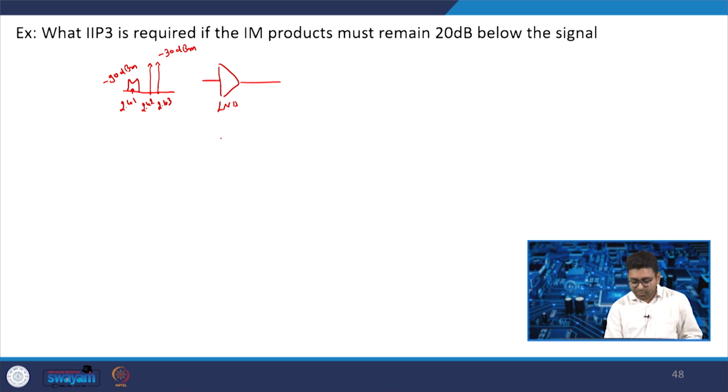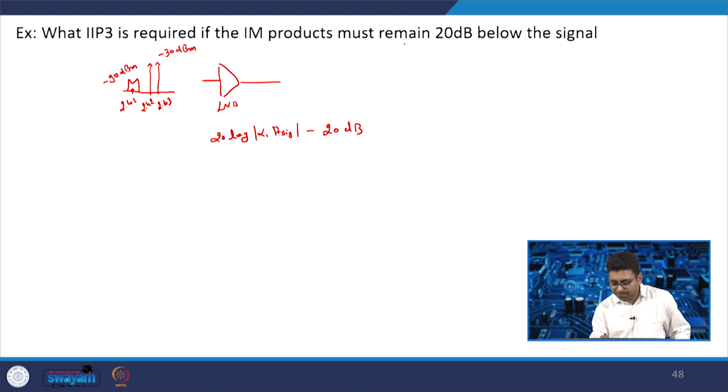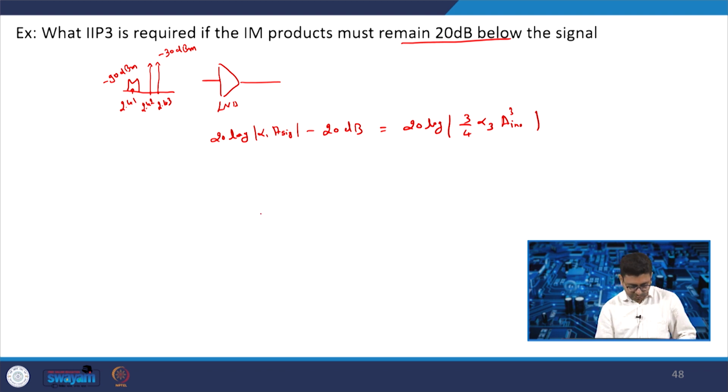So, what we are interested to find is what IIP3 is required in the low noise amplifier. How can you proceed? We can use the same formula. 20 log of alpha 1 A signal minus 20 dB, because we want it to remain 20 dB below, equals the third order component, whose amplitude is given by 20 log of 3 by 4 alpha 3 A intermodulation cube.